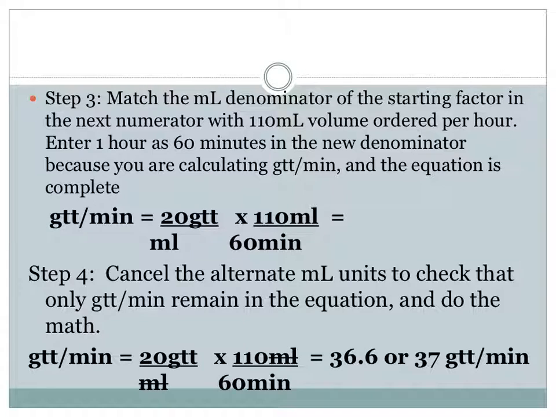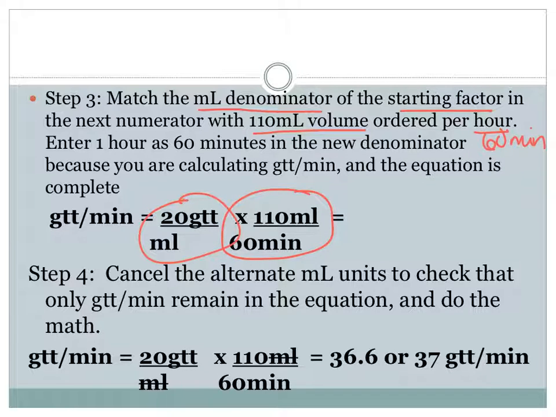Then we will match the milliliter denominator of the starting factor in the next numerator with 110 ml volume ordered per hour, converting the hour to 60 minutes. So you will get 20 drops per mil multiplied by 110 mils over 60 minutes.